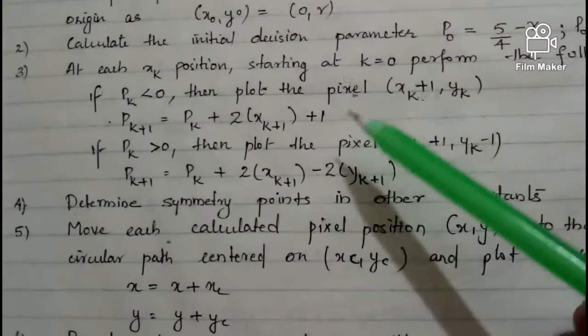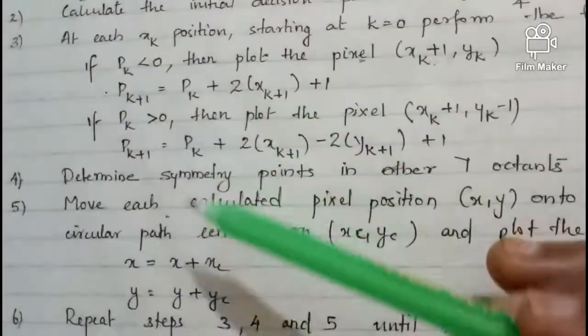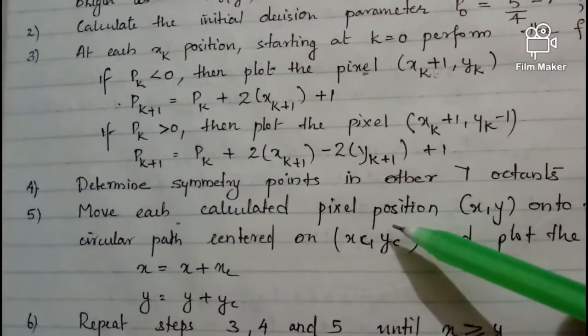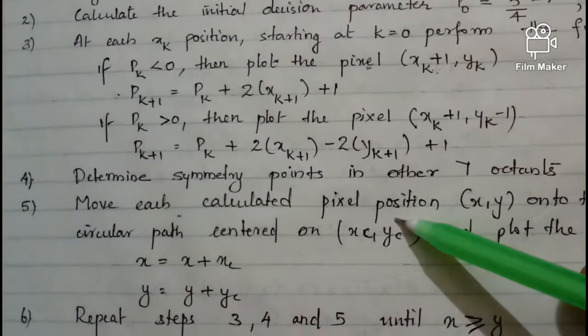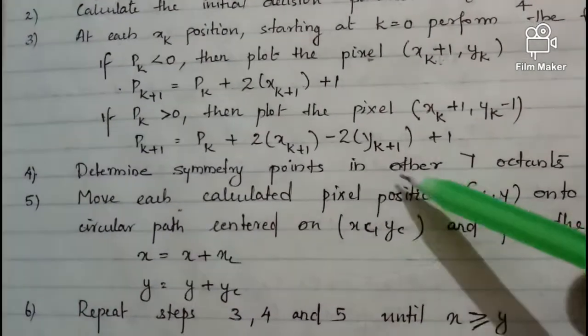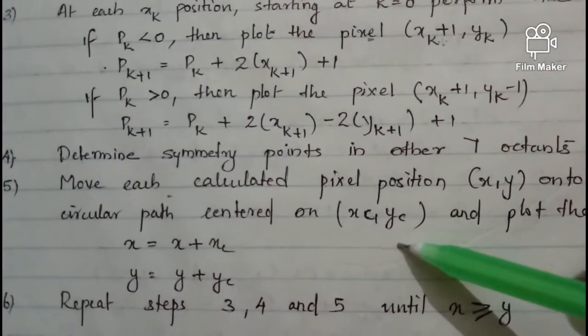Using the algorithm you will be calculating the (x, y) position in the first octant, and using 8-way symmetry you will be computing all other values in the other 7 octants.